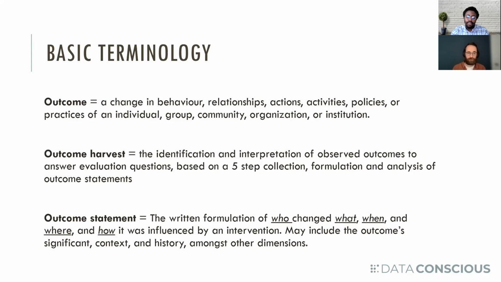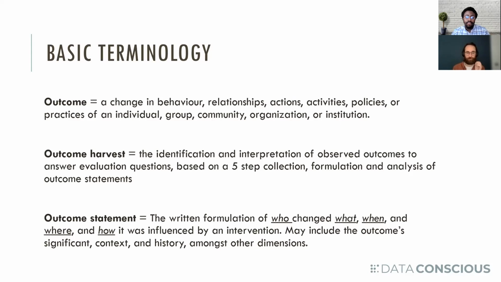An outcome harvest is just the action of identifying those changes and then interpreting them to use them as answers to an evaluation question. And it has to be based on this kind of 5 or 6 step methodology, and it's quite important that we keep the steps separate to make it a proper outcome harvest. An outcome statement is what you collect.